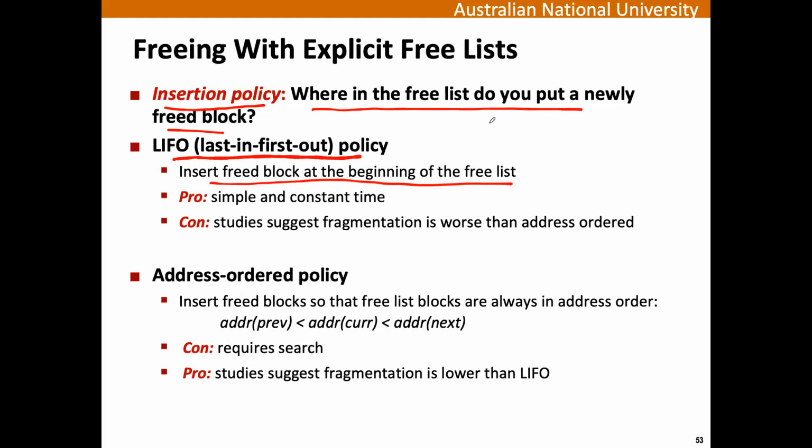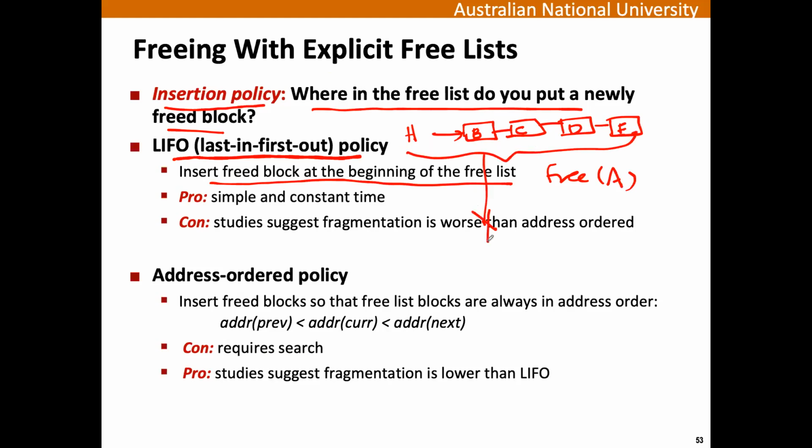So imagine this is my head of the linked list. These are my free blocks. Okay. And I free a block A. So my new list with the LIFO policy is going to look like this: the head, and I'm going to insert the newly freed block A at the beginning of the list, and everything else is as before.